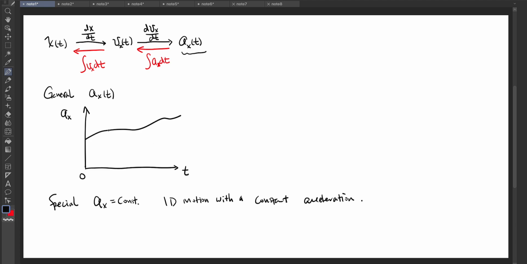Let's say I just want to figure out some initial instant called t_i, and then a final instant t_final, and I want to figure out the final velocity as a function of the initial velocity plus some quantity to be figured out.